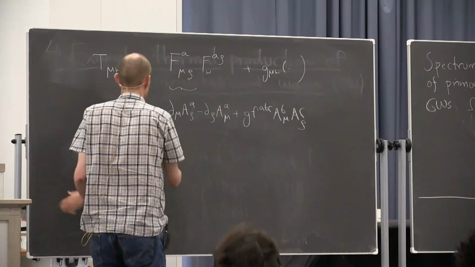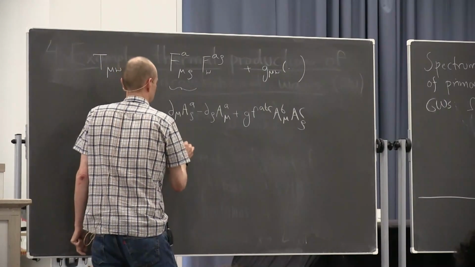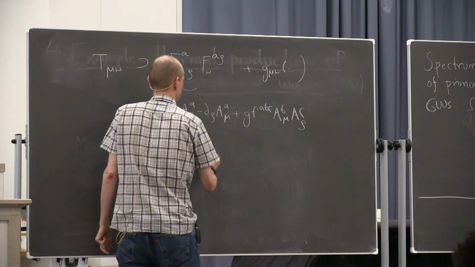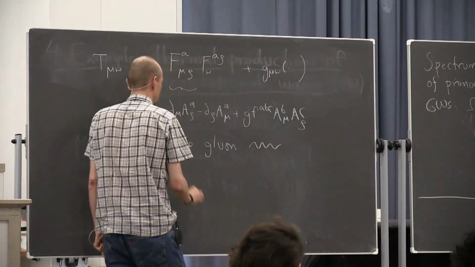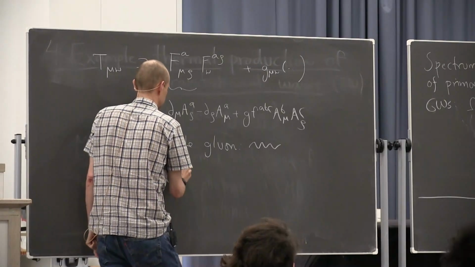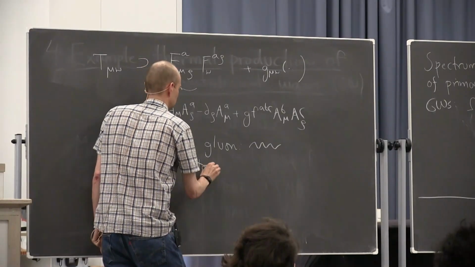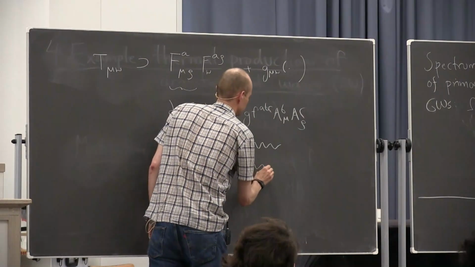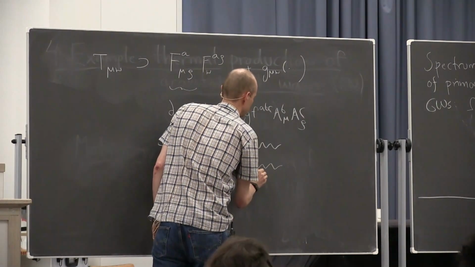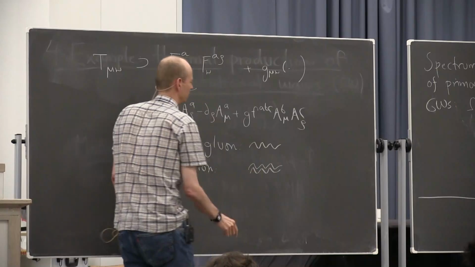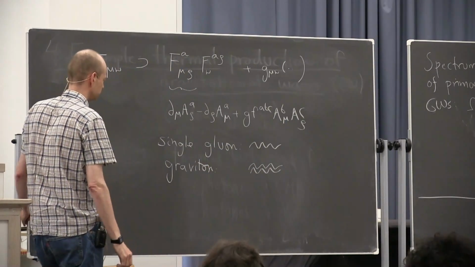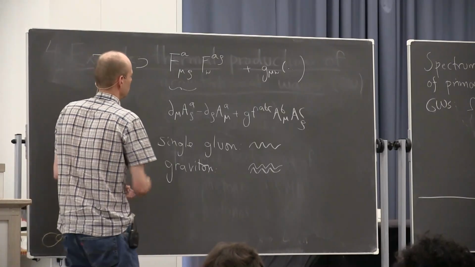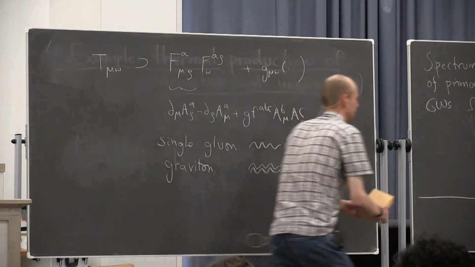So now, a single gluon I'll denote by a curly line, and a graviton I'll denote by a double line, because if this is spin 1, then this is kind of a spin 2 particle. And so now the question is what kind of vertices we get from there.